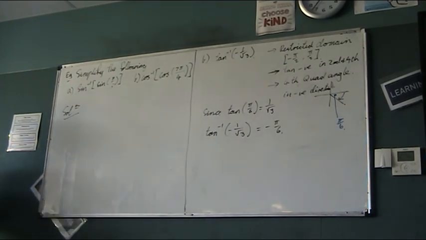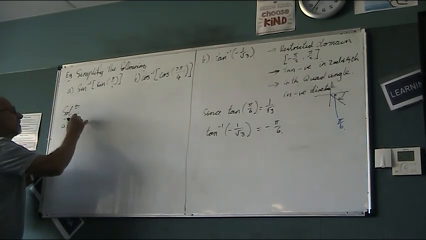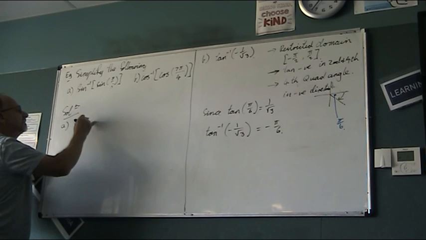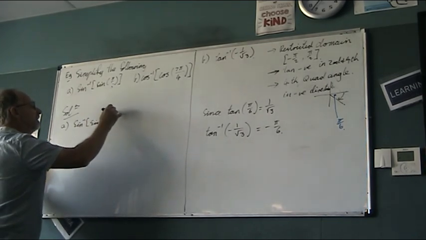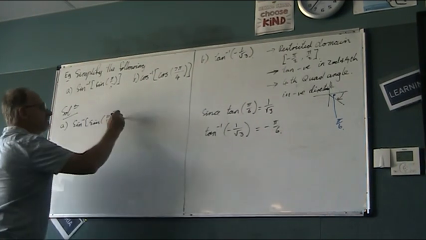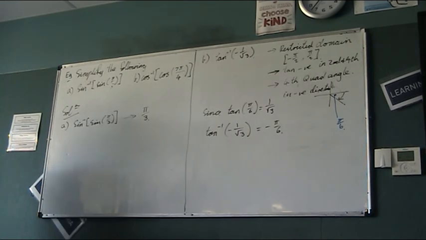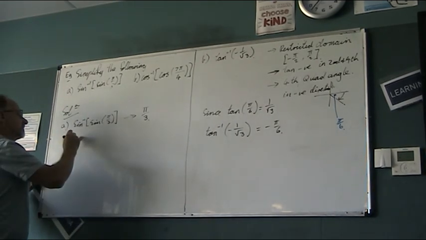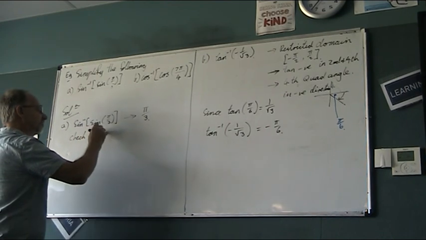Cancel each other out, in effect. So sine minus 1 of sine pi on 3, if they cancel each other out, that suggests that the answer is just pi on 3. Now, what you need to do is check our restricted domain.